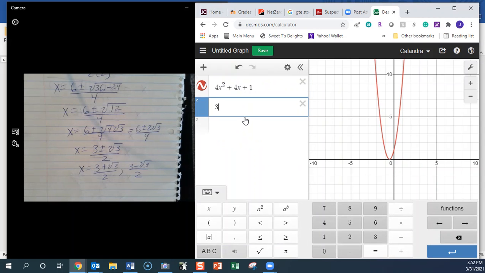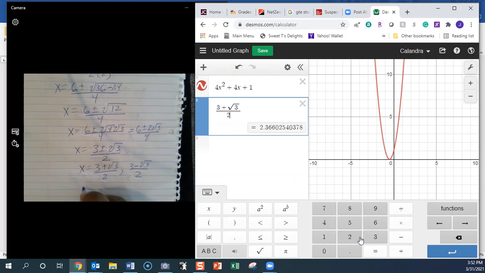We have 3 plus the square root of 3 all over 2. So we round to 2 decimal places here. So x would be approximately 2.37.